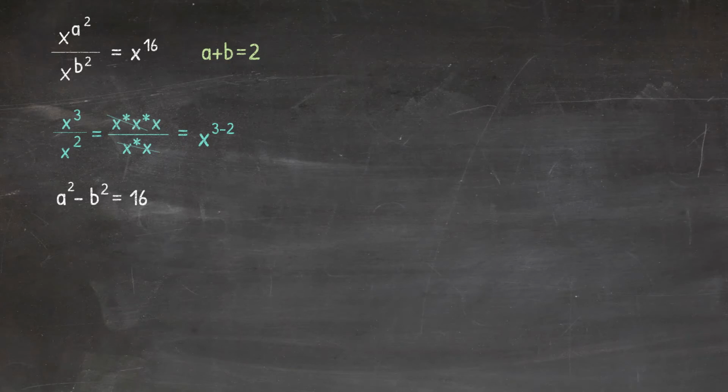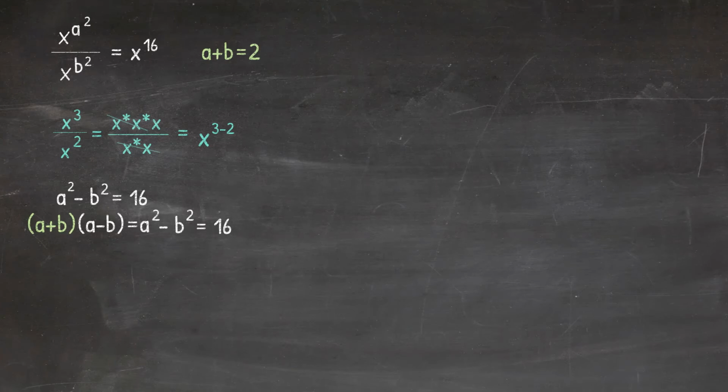There was a reason we called these combinations 3 special cases, and this is a great example of how it might come up during the test. So if we factor a squared minus b squared, we get a plus b binomial times a minus b, and that should equal 16.